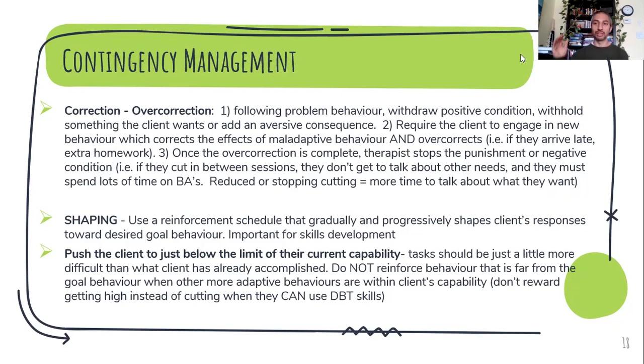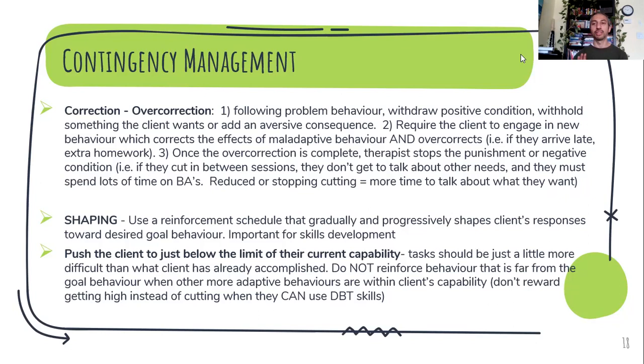If we notice that their suicidality is decreasing, if their substance use is decreasing, their target behaviors are less, they're thinking less about suicide, they're thinking less about life-threatening behaviors, then we shape their behavior by, first of all, acknowledging that they're making progress, and then saying, yes, now you have time to talk about what you want to talk about. Let's focus on that relationship. Let's focus on those areas that are important to you.